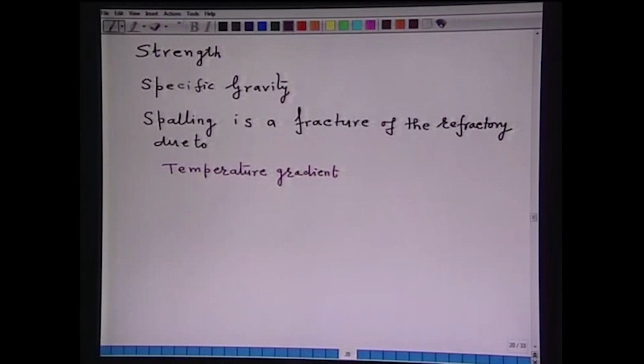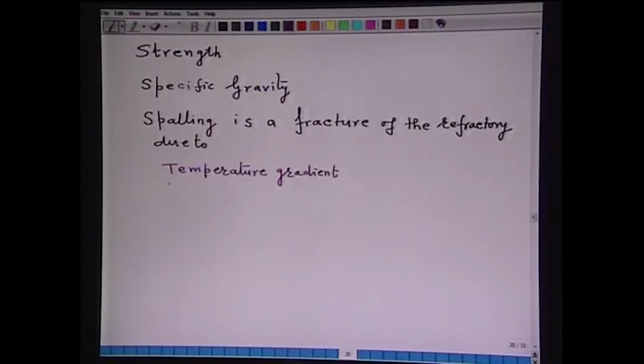Now, how can temperature gradient cause spalling or fracture? Because temperature gradient induces thermal stresses. So, if the brick is not resistant to thermal stresses, then the temperature gradient will fracture the refractory.